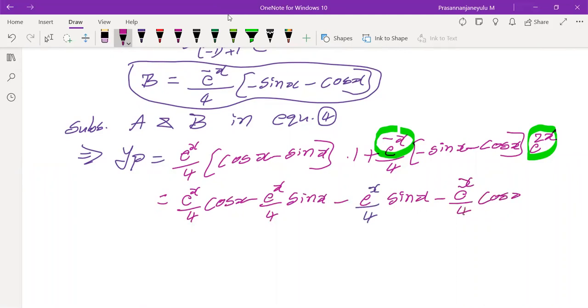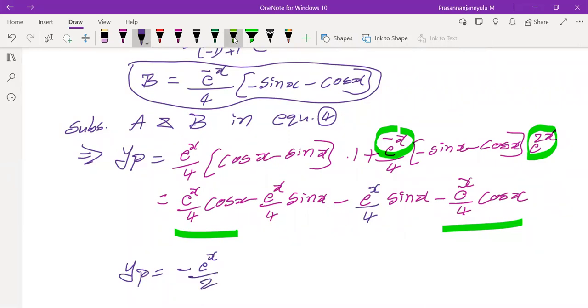Now if we check here, this term and this term get cancelled. So finally, what are we going to get for yp? yp equals minus e power x by 4 into sin x minus e power x by 4 into sin x, 2 times is there. So 2 e power x by 4, can I write, minus e power x by 2 into sin x. This is our yp, taking as equation number 5.